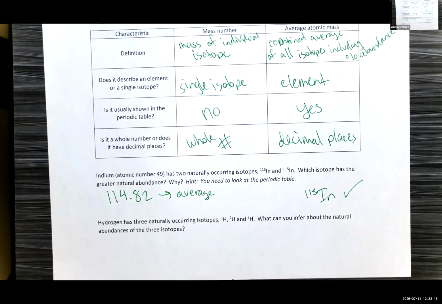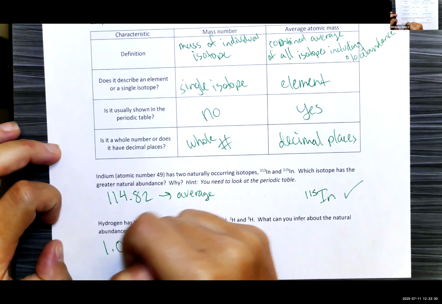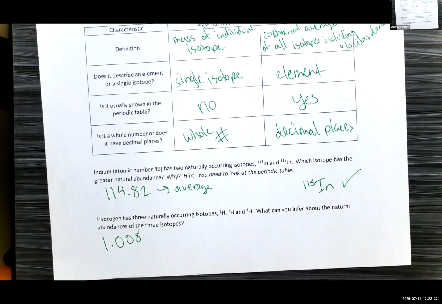Hydrogen has 3 naturally occurring isotopes, with masses 1, 2, and 3. What can you infer about the natural abundances of these 3 isotopes? First, let's look at the periodic table of elements. I think the number for hydrogen is 1.008. This question is quite vague, but it's asking about the abundance.